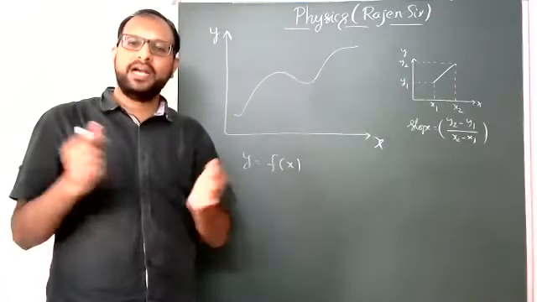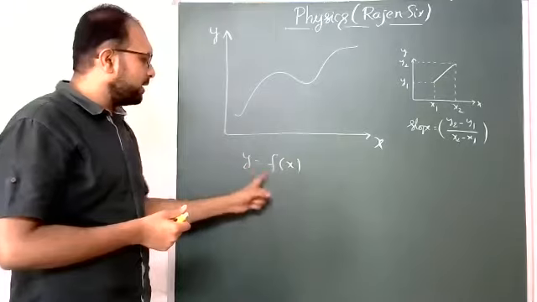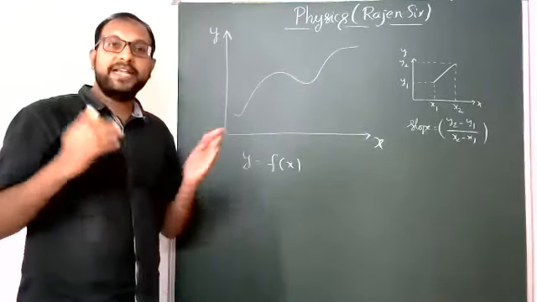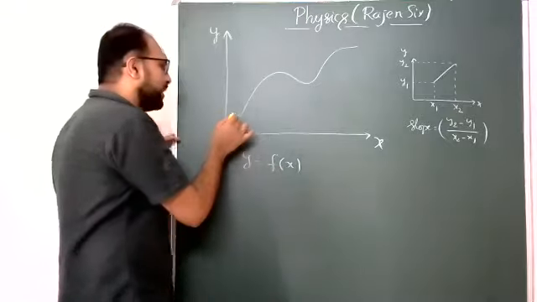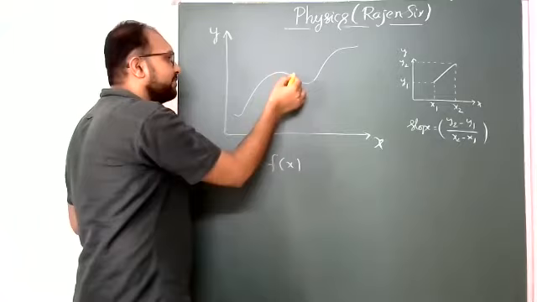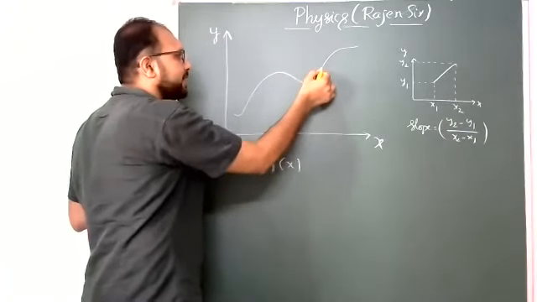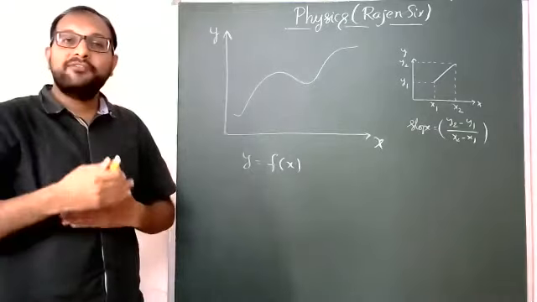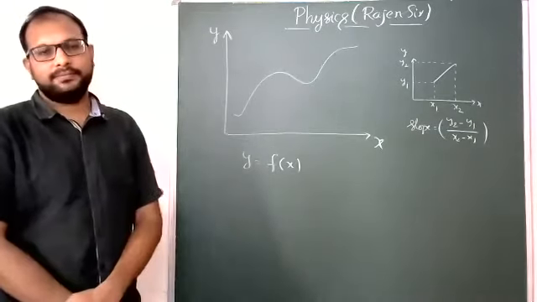Students, in the case of a curve, that is y equal to f of x, different locations have different slopes. See, here the slope is different, here different, here different, and so on. As the point changes, the slope of the curve also changes.